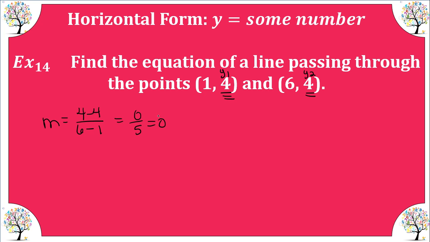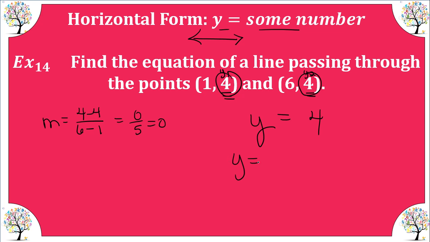Now, anytime that you see that your slope is 0, a big flag needs to go off reminding you that the line that has a slope of 0 is a horizontal line, and it's y equals whatever the y value is. In this case, the y value is 4.